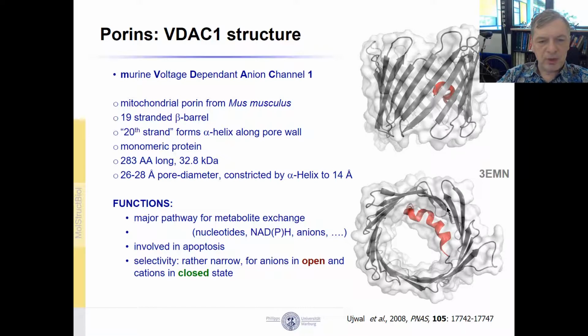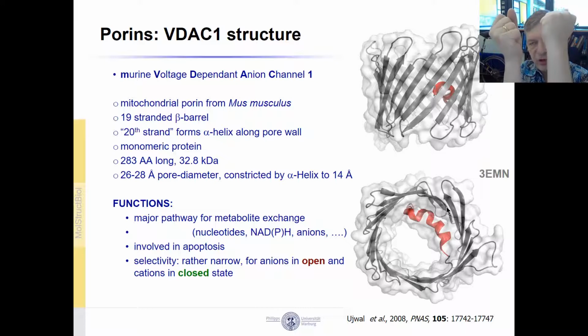It's also involved in some reactions which are very important for the cells, for example in apoptosis, that means programmed cell death. And there it is thought that this kind of architecture is very helpful, because this parallel pairing of the beta strands is an inbuilt weakness in the beta barrel architecture of this protein.